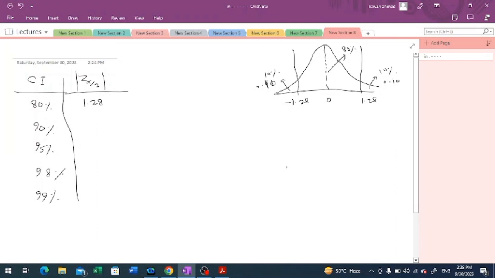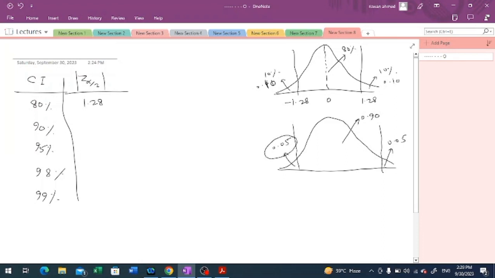Now, moving to 90% CI, taking the 90% central part, we need to allocate the remaining 10% probability equally on the left tail and right tail part. Now this time we need to consider this 0.05 probability to get the z value from the table.